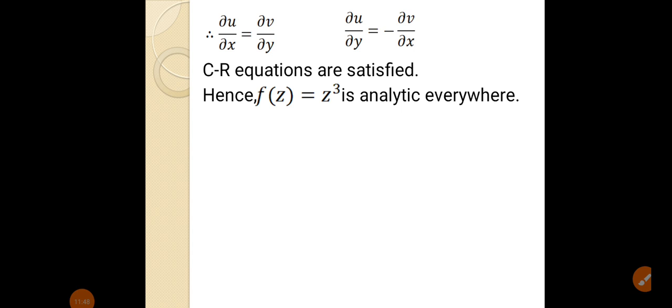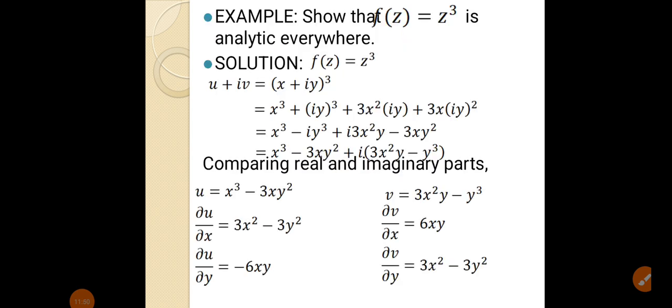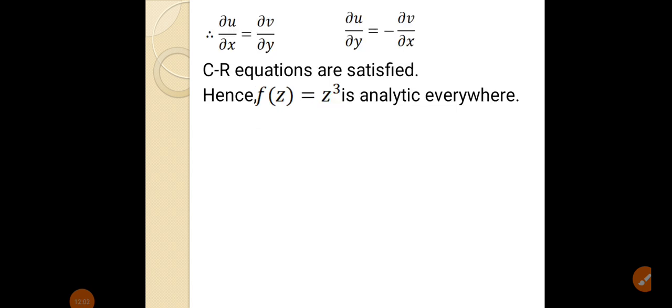Here we can see that del u by del x is equal to del v by del y, and del u by del y is equal to minus del v by del x. Okay, we can see here. So CR equations are satisfied. Hence f of z is analytic everywhere.